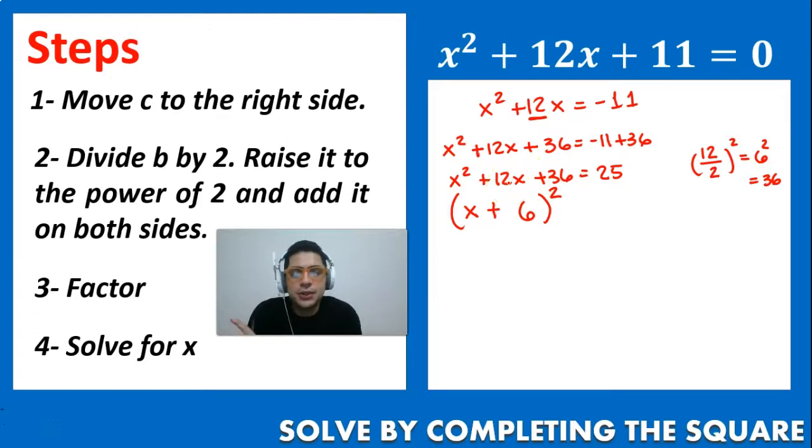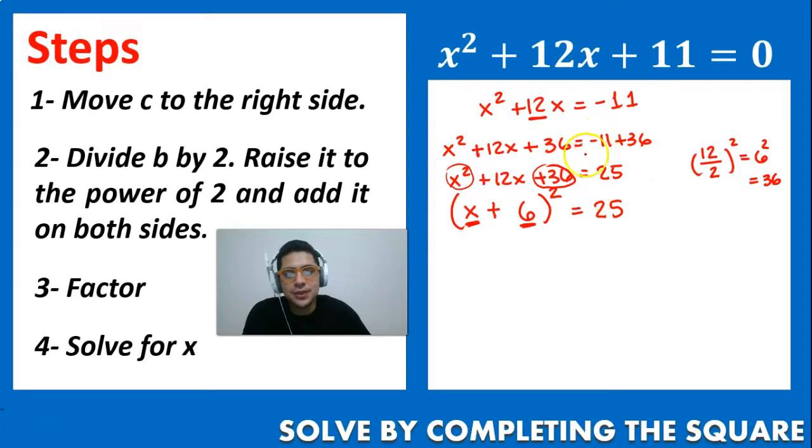Because the first term is x to the power of 2, the second term is 2 times 6 times x, and the third term is 36, right? So what you're going to do is that you're going to take the square root out of this one and the square root out of this one. The square root of x squared is x, and the square root of 36 is 6. And you're going to raise it to the power of 2, and that is going to be equal to 25.